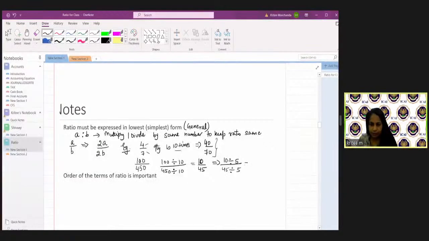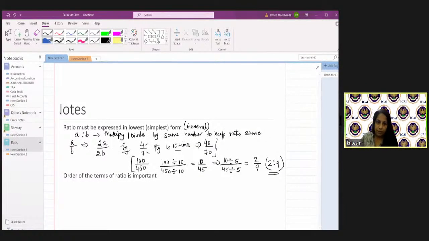So the simplest form of 100 by 450 is 2 is to 9. So it is better to present ratios in their simplest form. That's the first one.